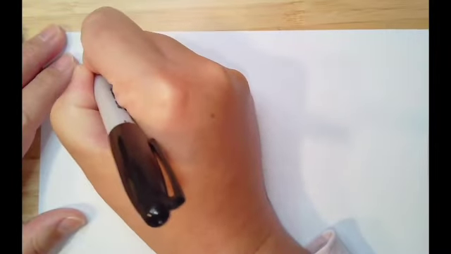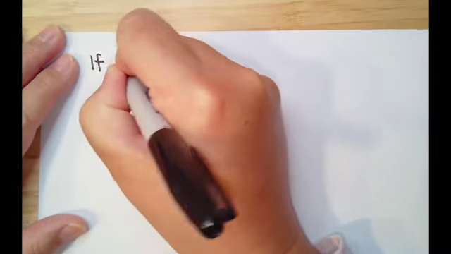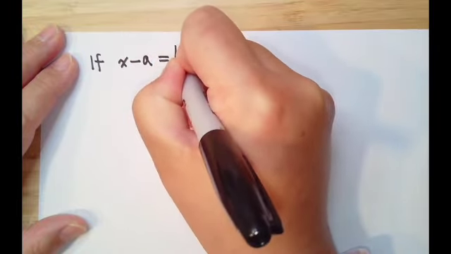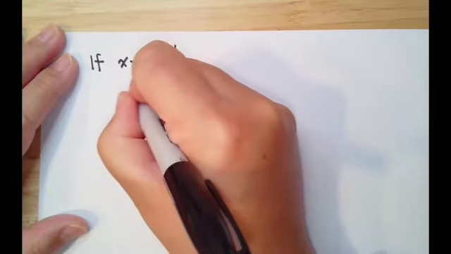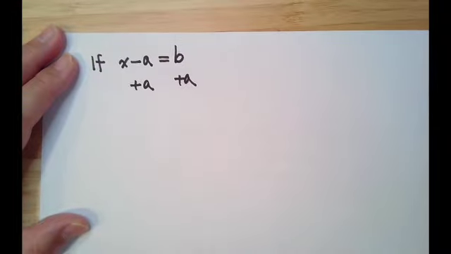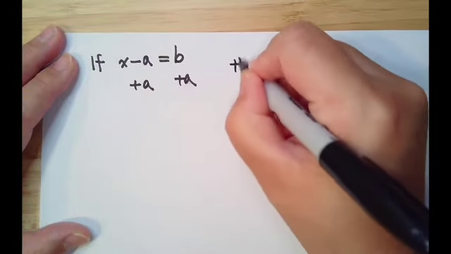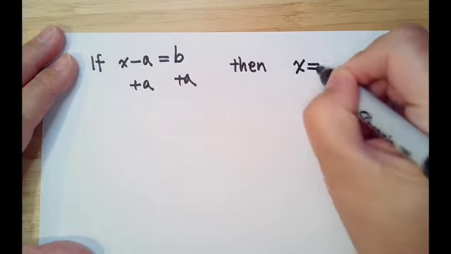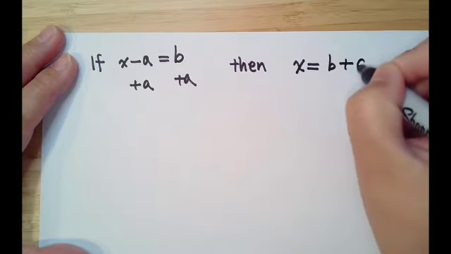If x minus a equals b, then I can plus a on both sides. Then x equals b plus a.